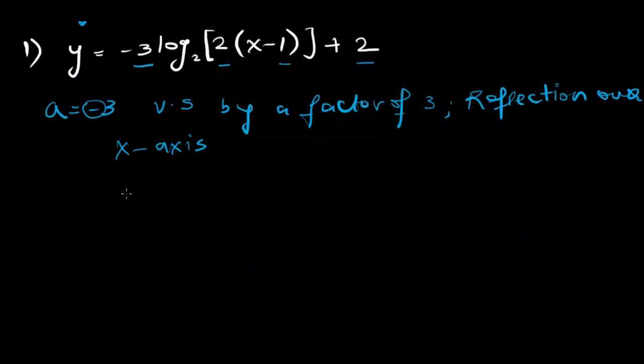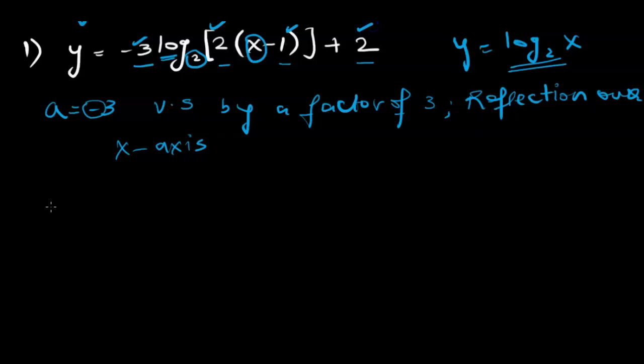Now, on what parent function do we see these transformations? The parent function here is y = log base 2 of x, because the base, x, and log belong to the parent function equation. A, k, d, and c are introduced as transformations.